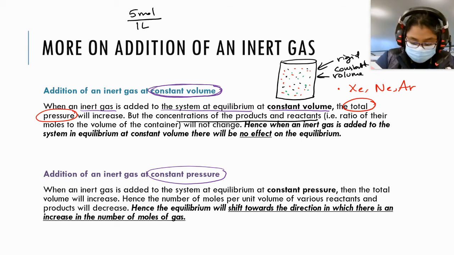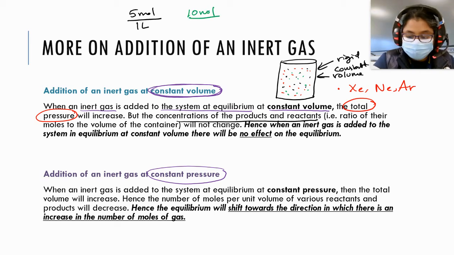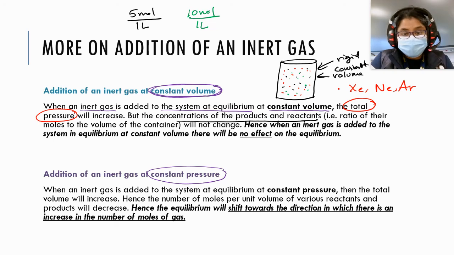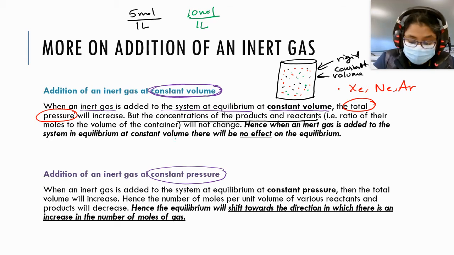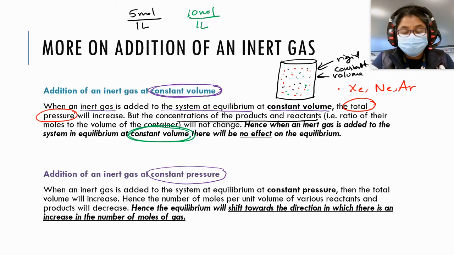And I had, I don't know, 10 moles of the green particle inside 1 liter. The volume does not change because the container is rigid, so the concentration of the reactants and products has not changed. Because of that, when an inert gas is added to the system at equilibrium at constant volume, you're not affecting the concentration of the reactants or the products.